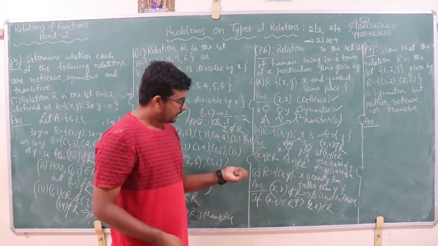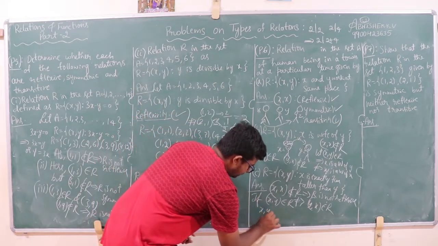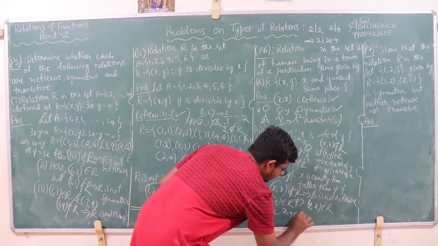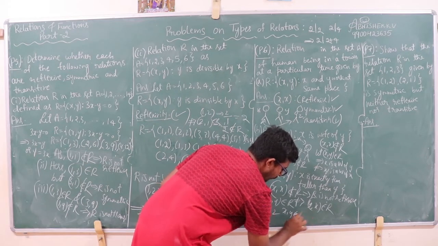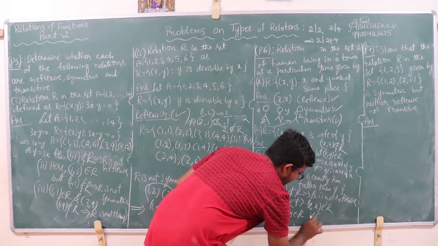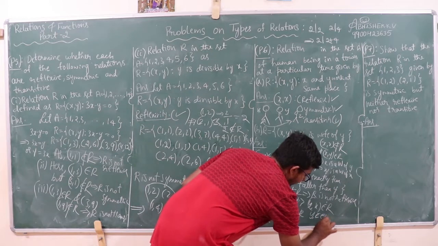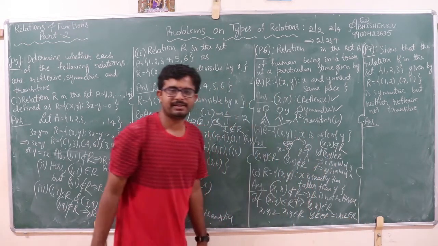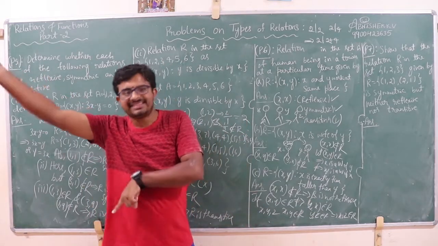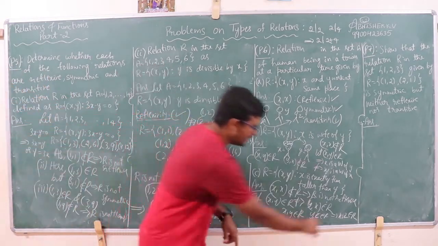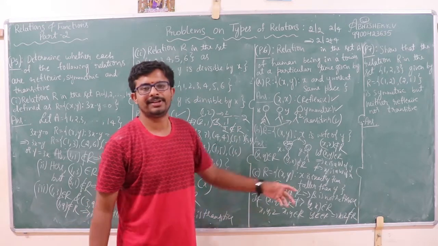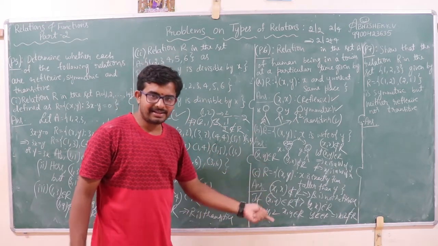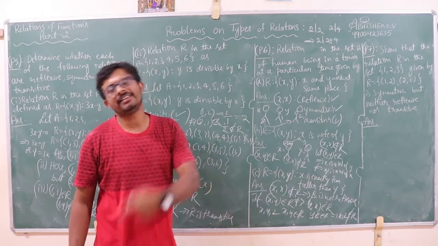If I consider three human beings x, y, z, if x is 7 cm taller than y and y is 7 cm taller than z, then x is 14 cm taller than z. This does not belong to the relation, therefore it is not transitive. Therefore, here R is neither reflexive nor symmetric nor transitive.